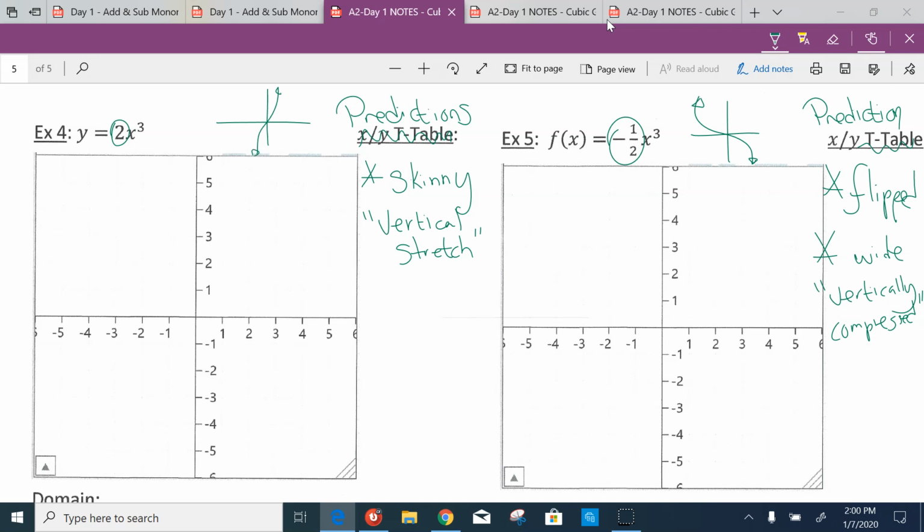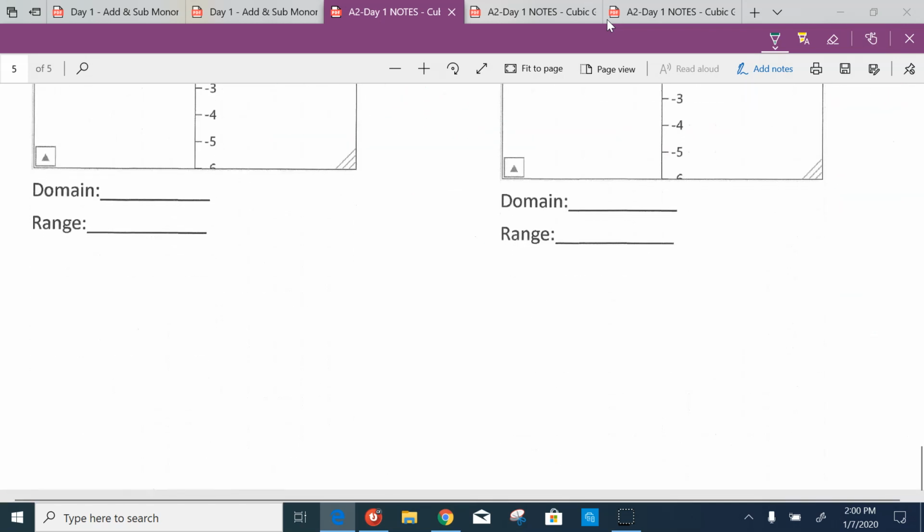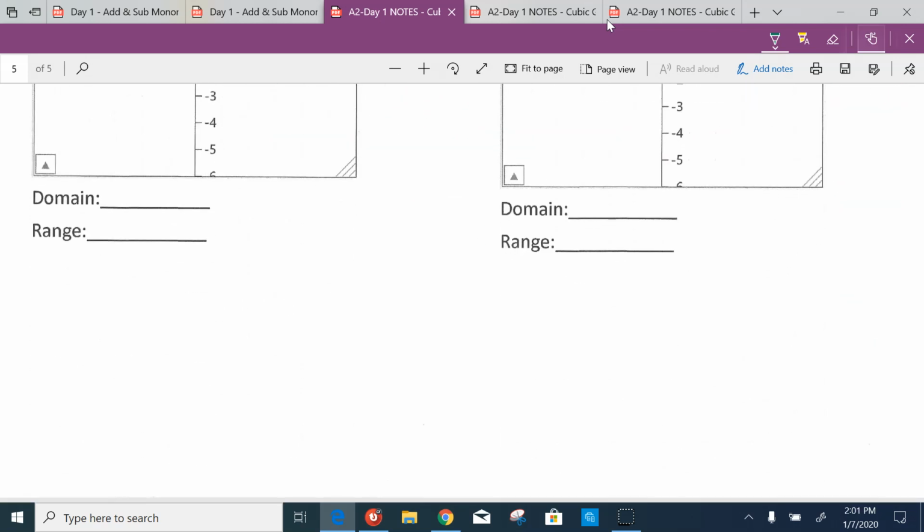So go ahead and make your own table for these two, graph the points, and show me what you get. I will recommend some points for these ones. Here are your x values.